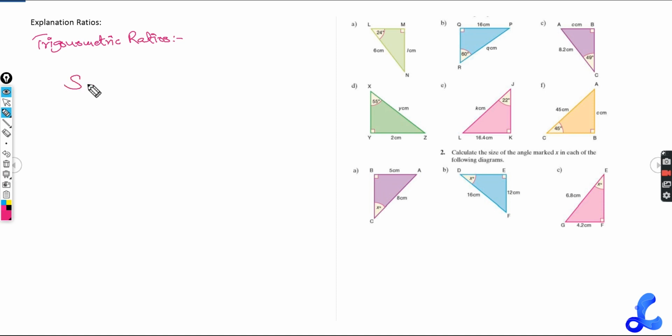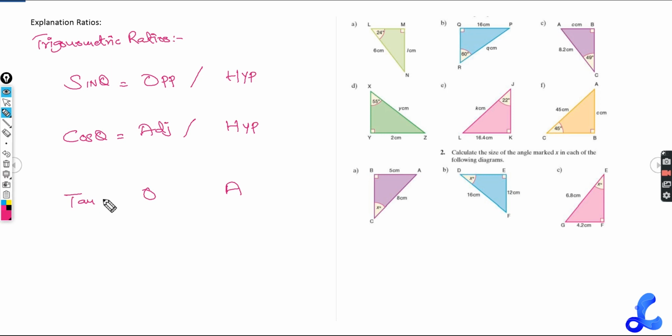So it goes as SOH CAH TOA, which means sine angle equals opposite over hypotenuse, cos angle equals adjacent over hypotenuse, and tan angle equals opposite over adjacent.